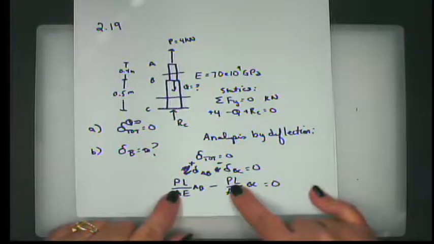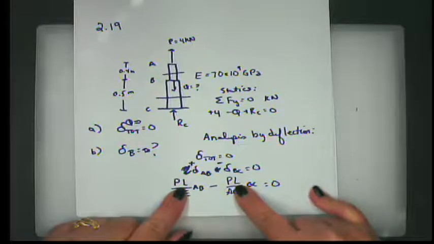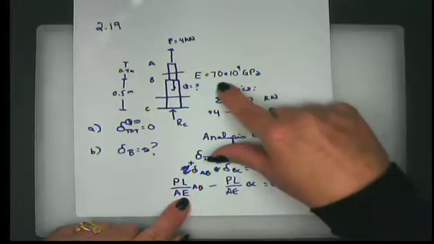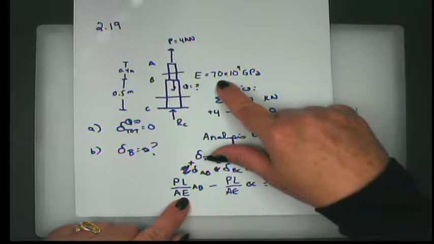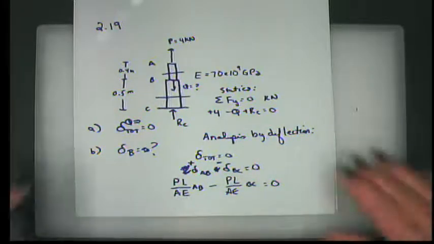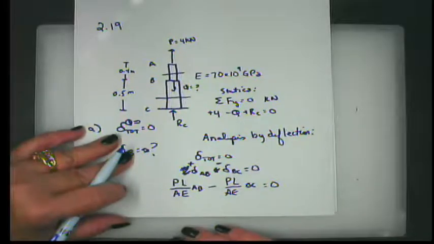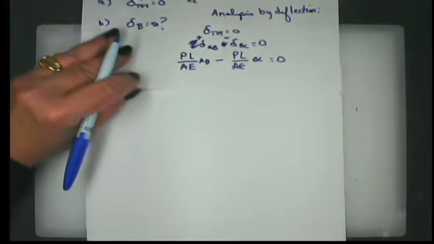Now these are not the same P's, and these are not the same L's, and these are not the same A's. But E is the same because we're told that the entire thing is made out of aluminum, that has a modulus of elasticity of 70 gigapascals.